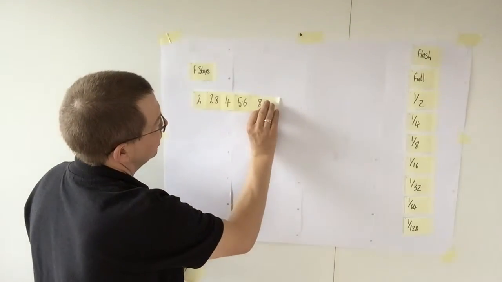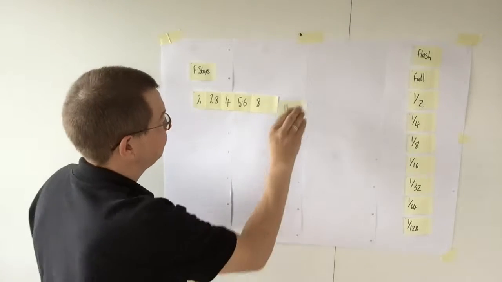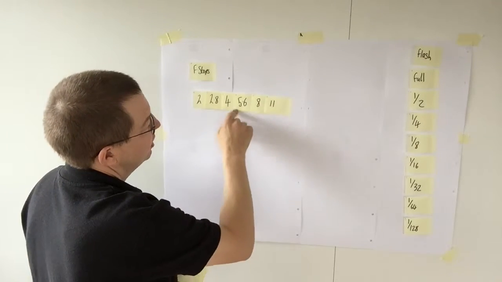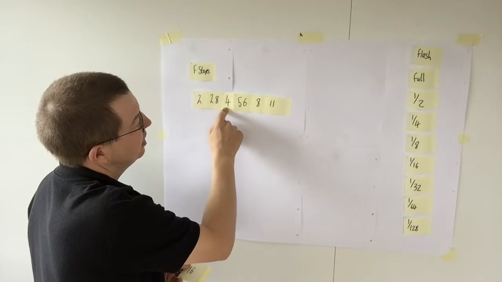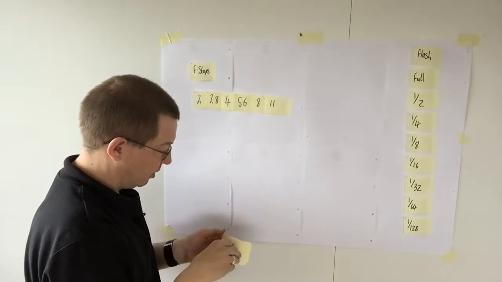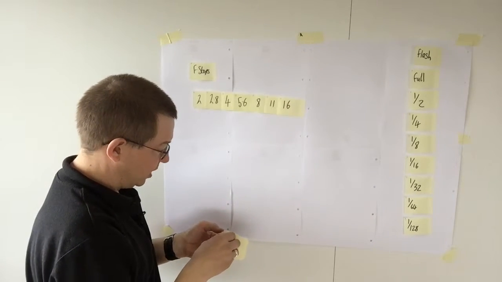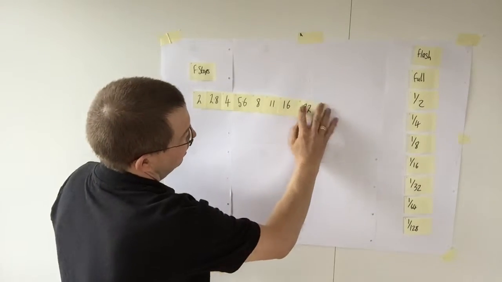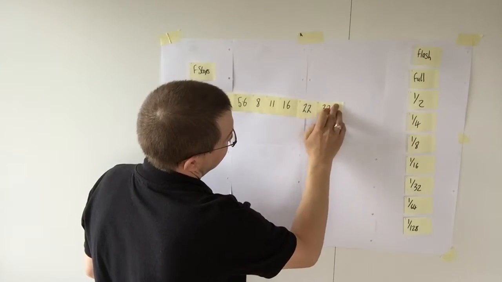But every time we go down a stop, every stop of light is half the light. This is cutting the light in half every single time we do this. So f11, f16, f22, f32.